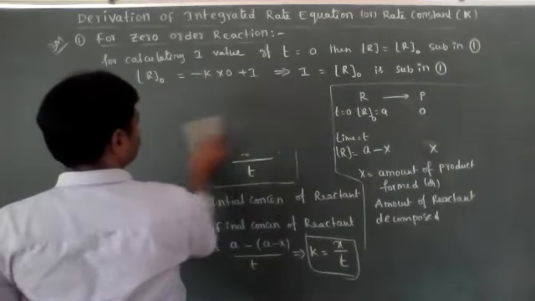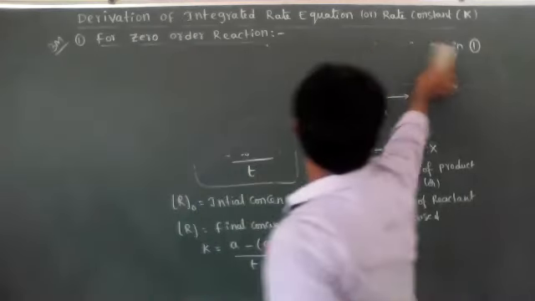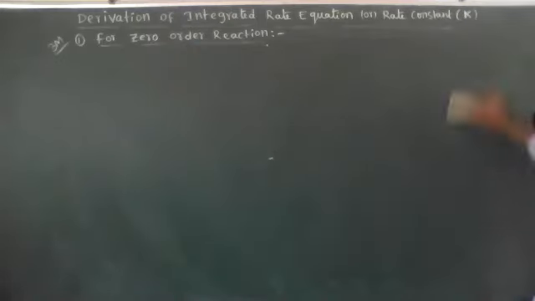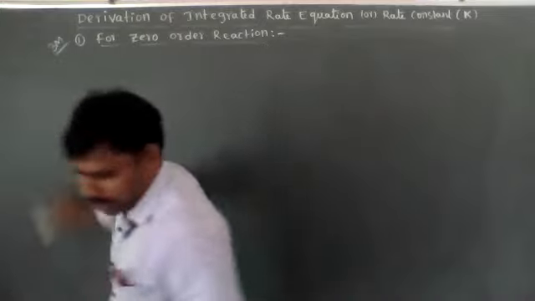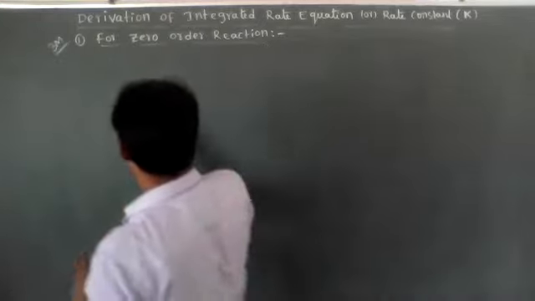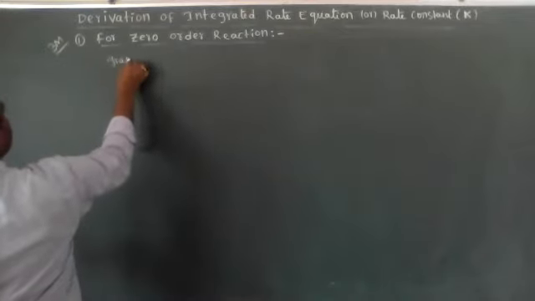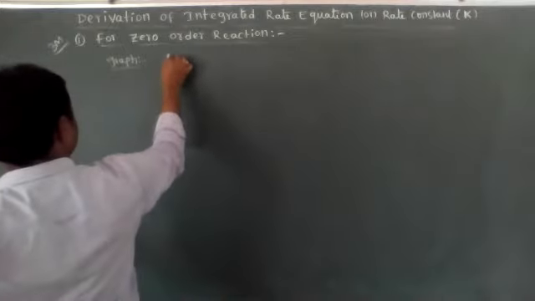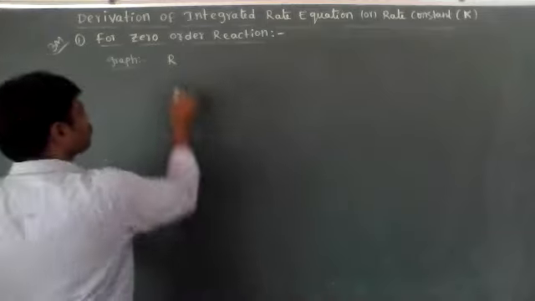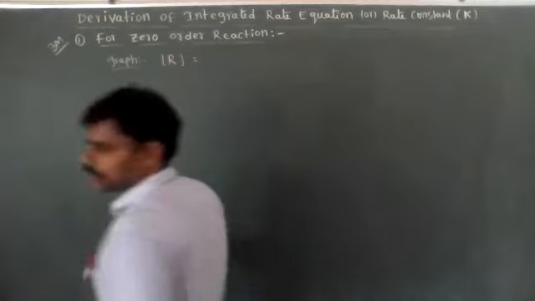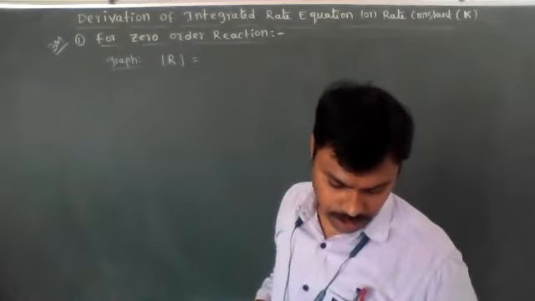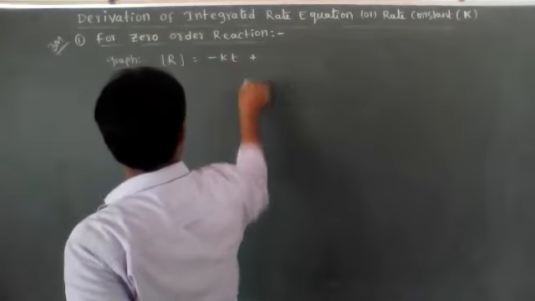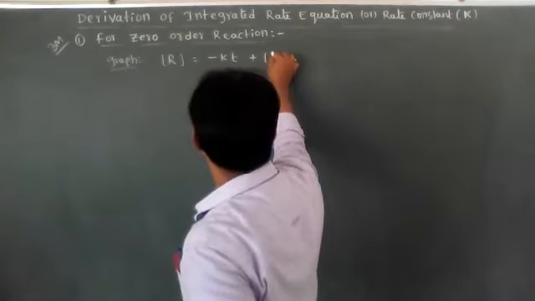Okay. Now, graphical representations for a zero order reaction. Consider a chemical reaction. The concentration of reactants R is equal to minus Kt plus I. The I value is nothing but R naught.